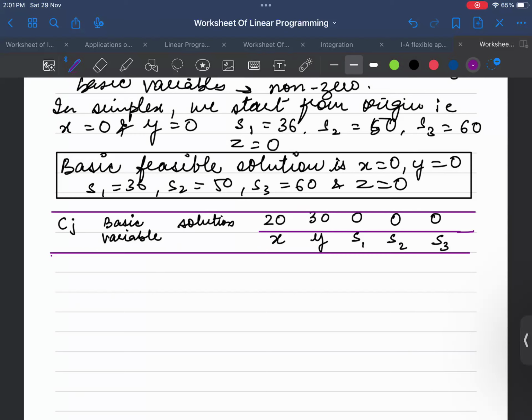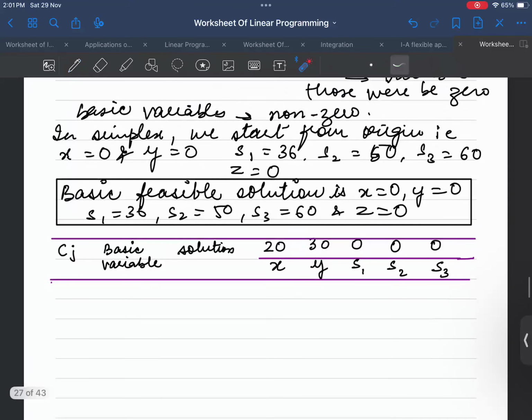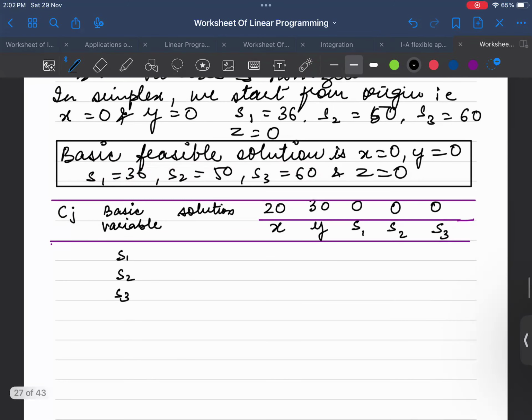Okay, now see, what are my basic variables? Just now I told you the basic variables are those variables that are non-zero. And in our basic feasible solution, the non-zeros are S1, S2, S3. So my basic variables would be S1, S2, and S3. These slack variables are coming up in the initial basic feasible solution.